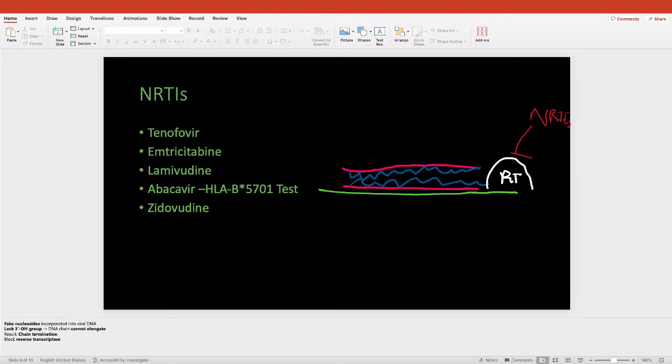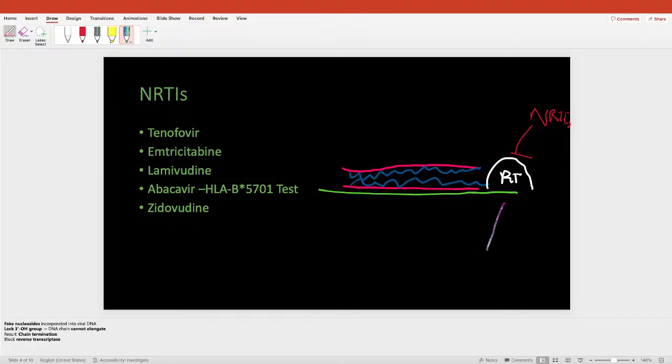I drew this diagram out for you so you can see it, and I'm going to draw it out here for your reference. This one is a representation of the enzyme, the reverse transcriptase, reading from RNA to DNA.